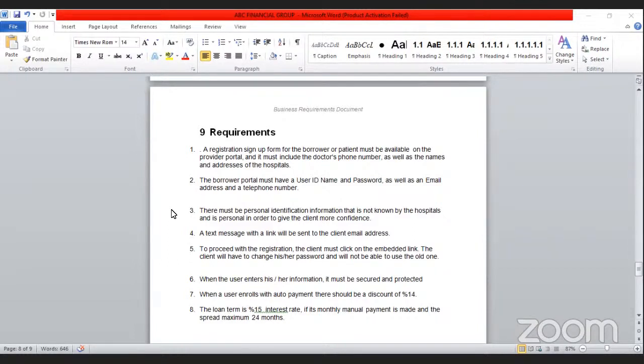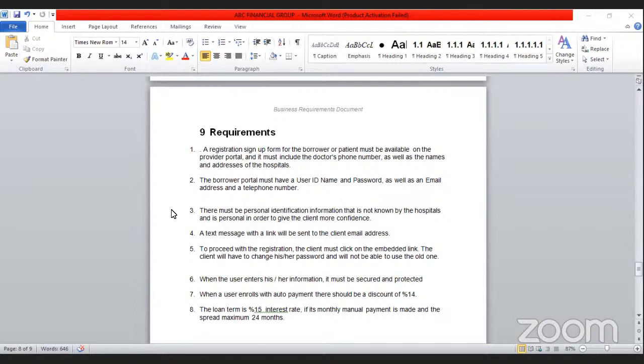The borrower portal must have a user ID, name and a password, as well as email address and telephone number. There must be personal identification information that is known by the hospitals and is personal, in order to give the client confidence. A text message with a link will be sent to the client's email address. To proceed with the registration, the client must click on the embedded link.